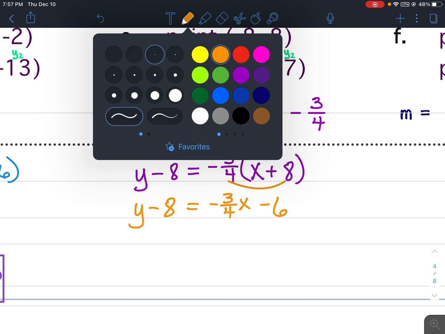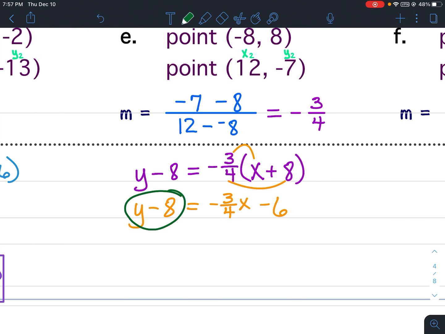All right. Last step is to isolate the variable y. So to get y by itself, I have to get rid of the -8 by adding 8 to both sides.